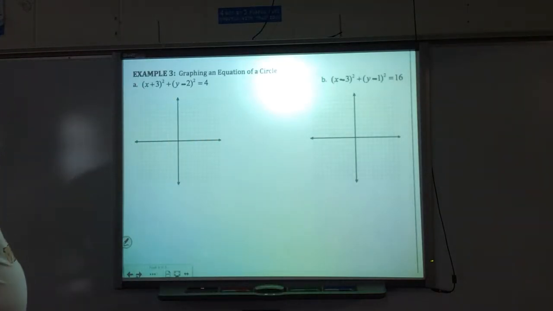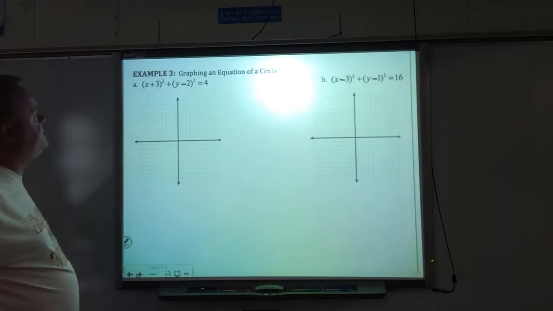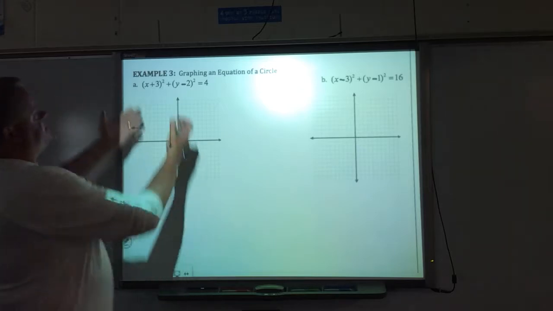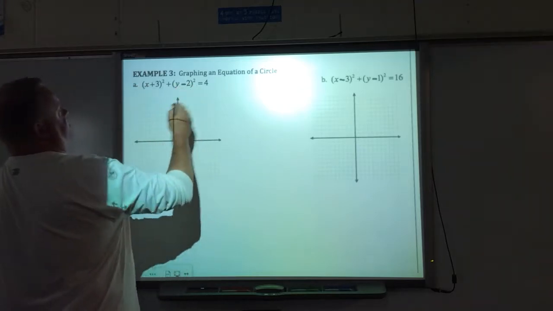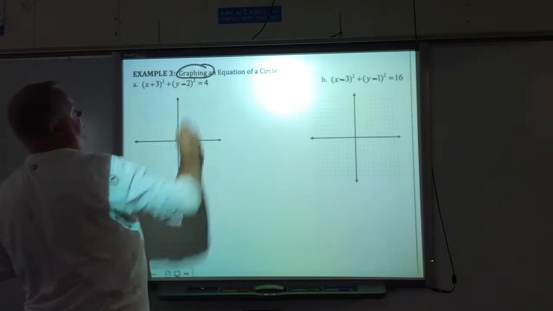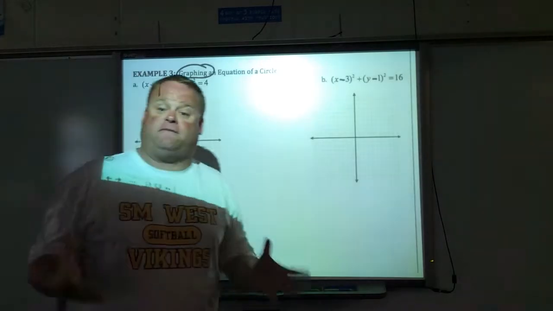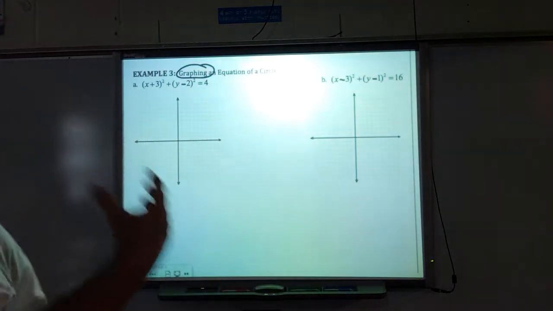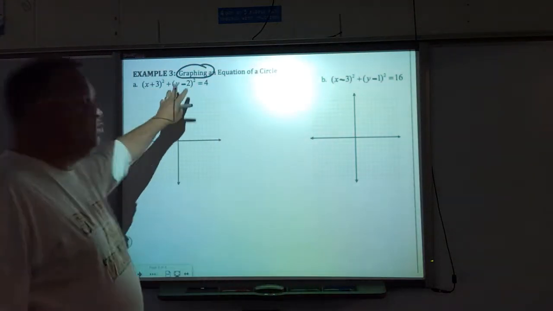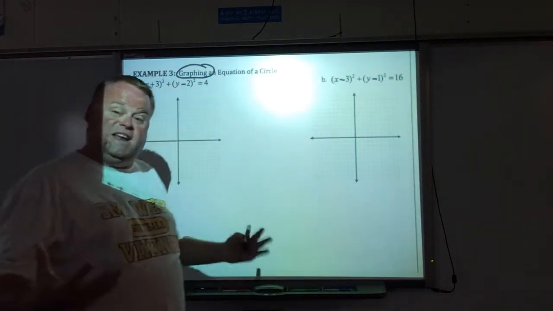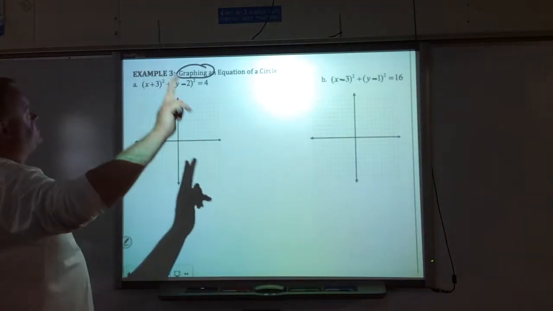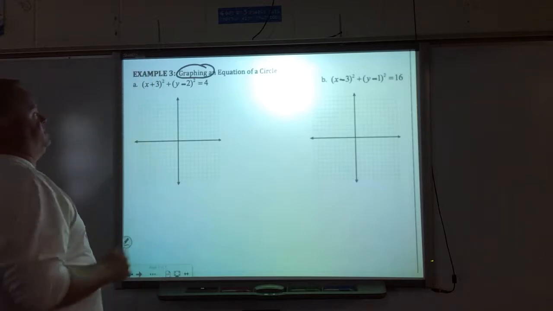We have x plus 3 squared plus y minus 2 squared equals 4. Well, this is my equation, and it wants us to graph it. So we're going to go ahead and graph a circle onto the graph for us, and we can do it with the equation. We don't really need anything else. The first thing I want to do is find my radius and my center.